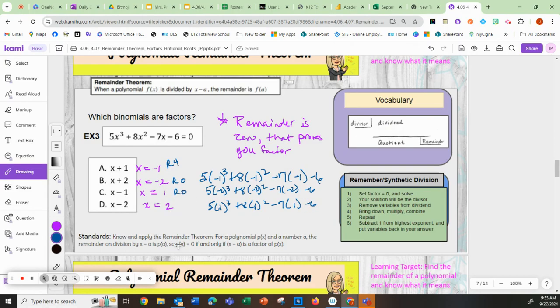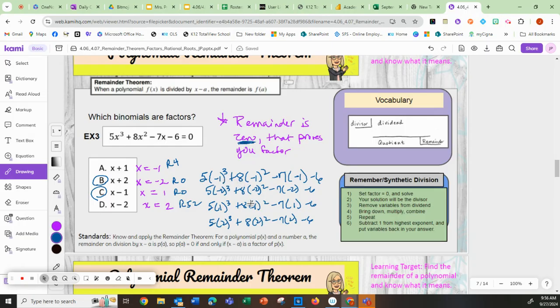And when I plugged in +2, I got a remainder of 52. You could also do synthetic division for each one of these numbers and you would get the same remainder. So on this problem, our factors are going to be x plus 2 and x minus 1, because when the remainder is 0, that proves that you have a factor.